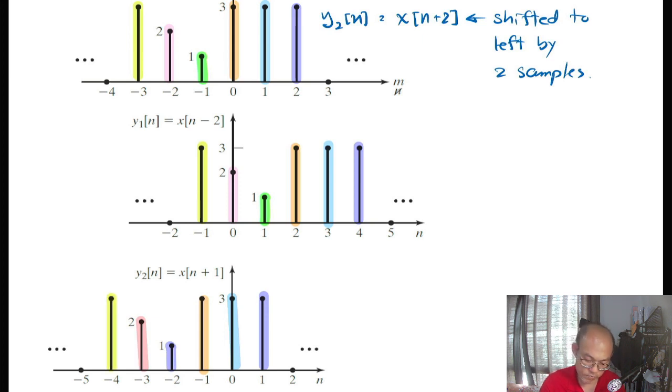Now this is shifted 1 to the left. This is shifted to the right 2 samples.